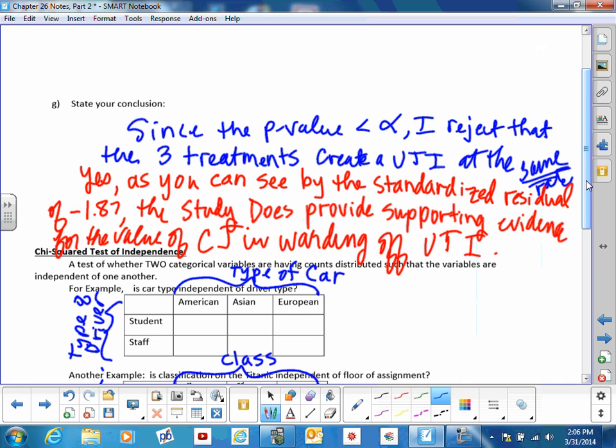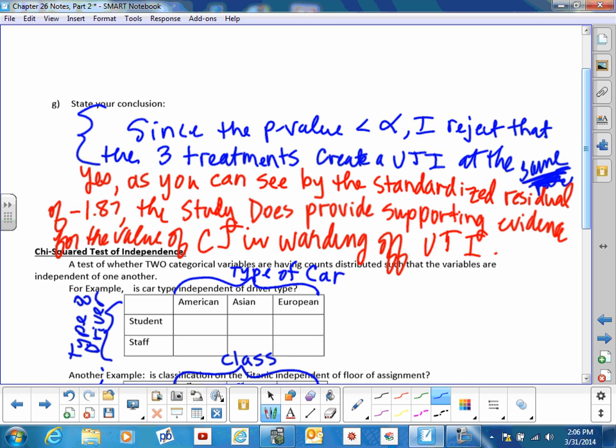And this statement in blue is what we concluded on Friday when we ran the test. Since the p-value was less than alpha, we rejected that the 3 treatments create a urinary tract infection at the same rate, hence homogeneity. That was the whole premise behind what we did on Friday.